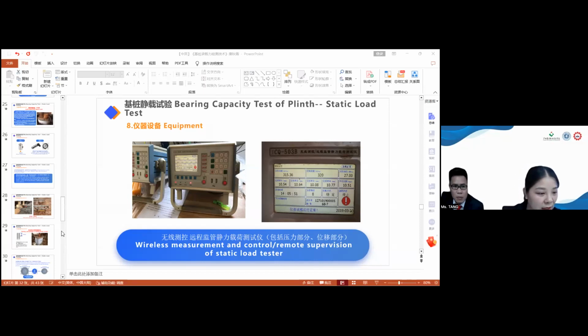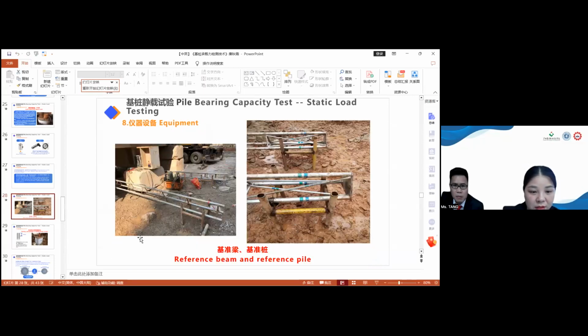Something I want to add to this PowerPoint is that, as you see, there is a reference beam and a reference pile here.